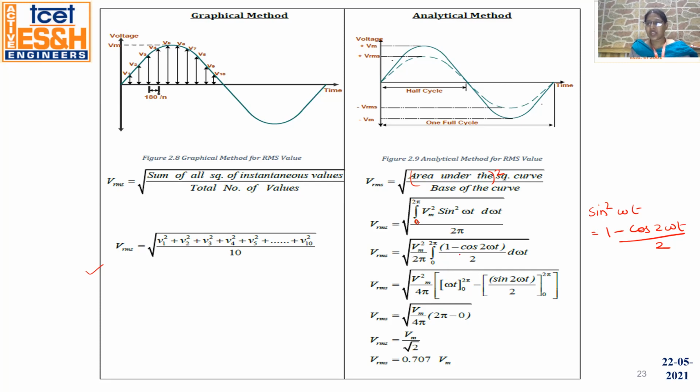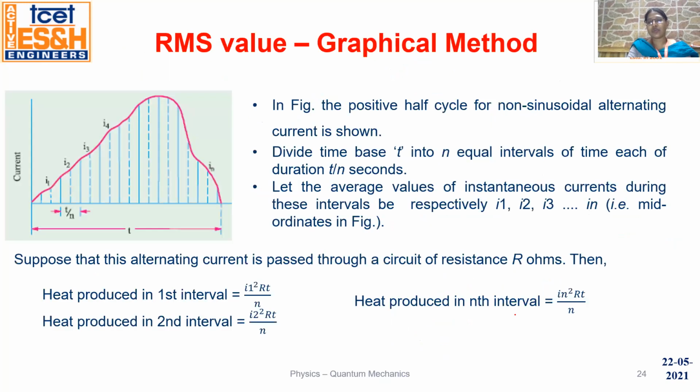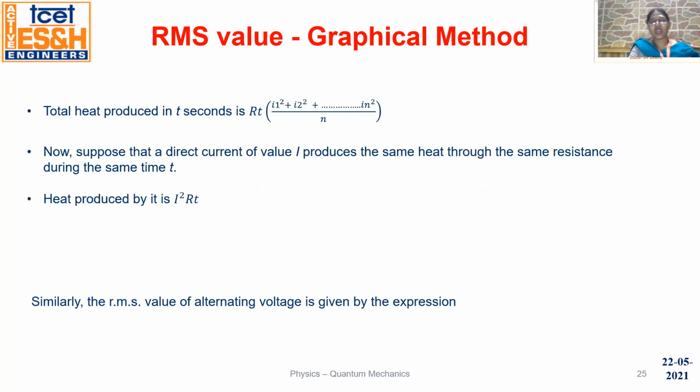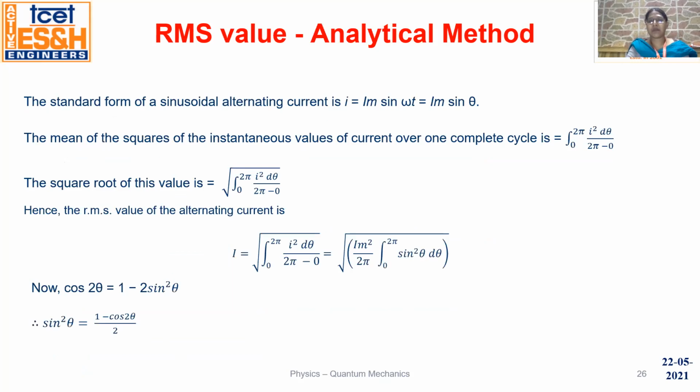When you integrate this term, we have the equation Vm square divided by 4 pi, bracket, omega t with limits 0 to 2 pi, minus sine 2 omega t with limits 0 to 2 pi. When you put in the limits, you get Vm by 4 pi, 2 pi minus 0, under the root. After solving, you will get the RMS value 0.707. So this is the way you can find the RMS value.